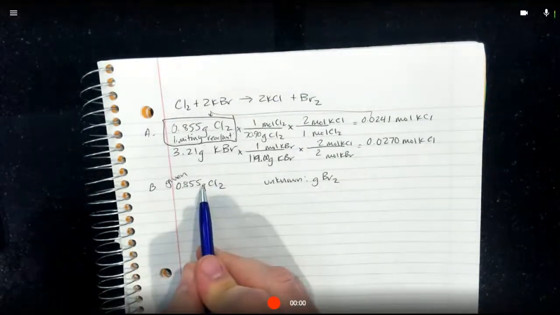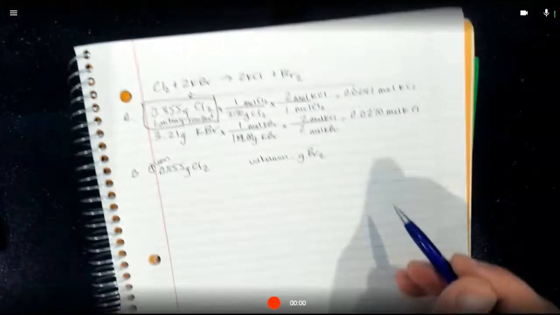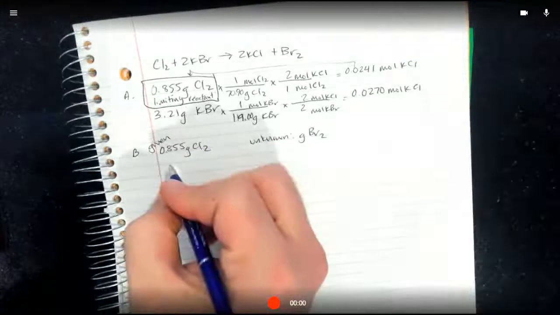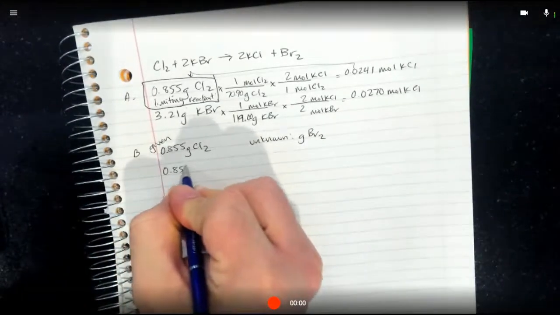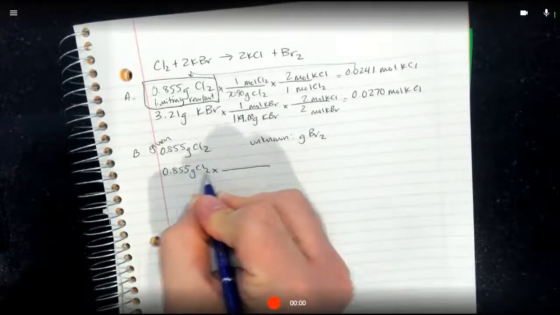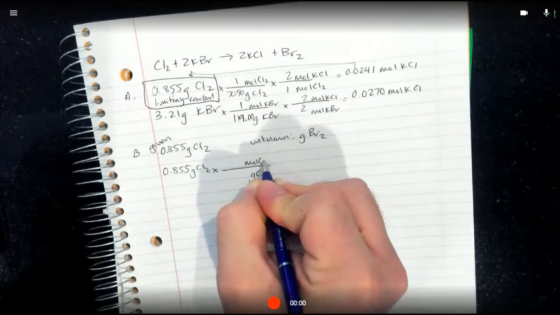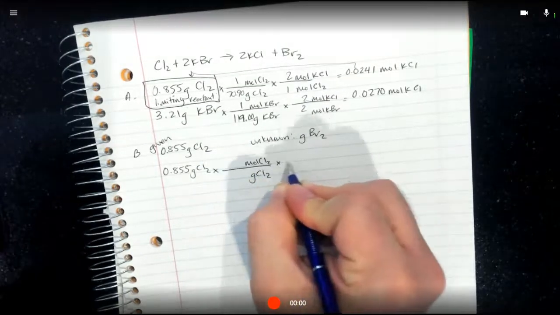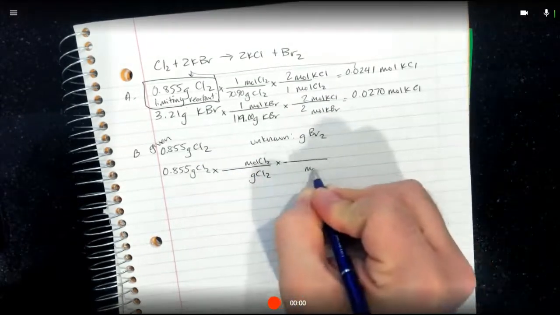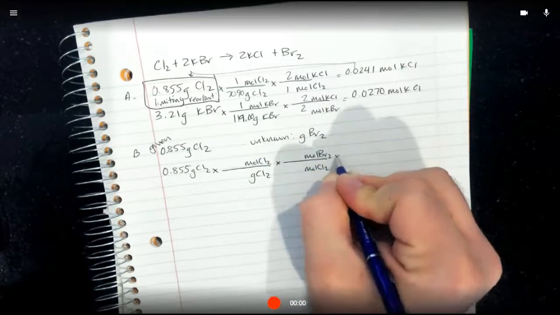So our given is in grams, our unknown is in grams, so we're going to do a mass to mass stoichiometric calculation. So we start with 0.855 grams of Cl2. Remember, this unit is going to drop down to the denominator. Allows us to go to moles of Cl2. Then from moles of Cl2, we can go to moles of Br2.